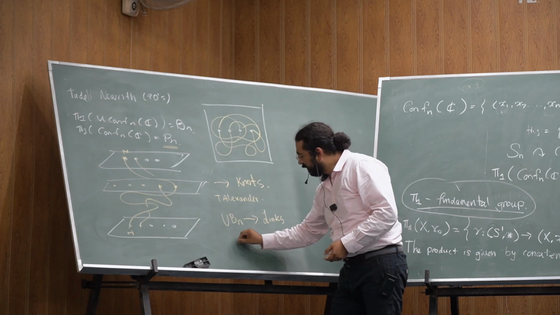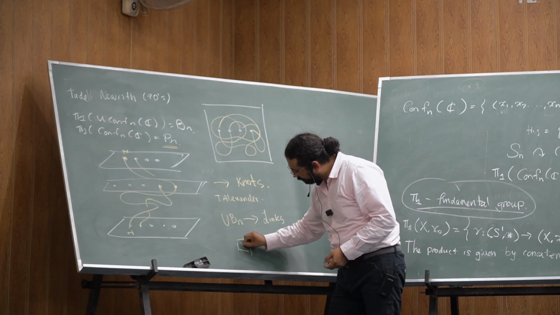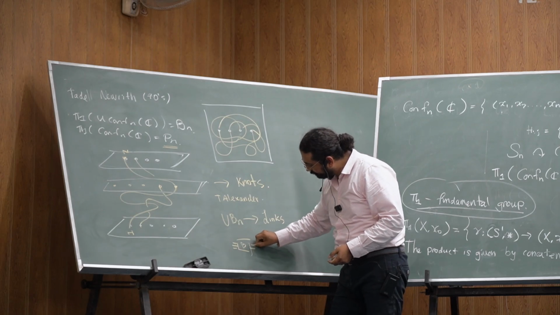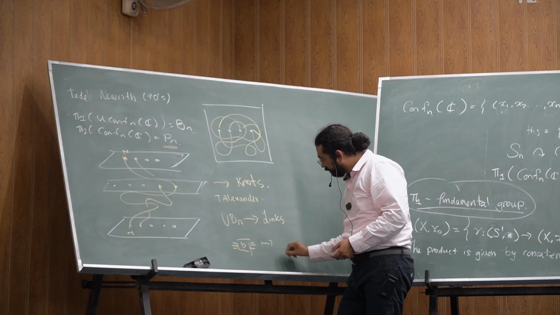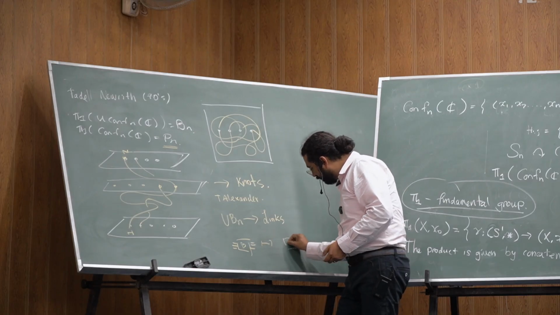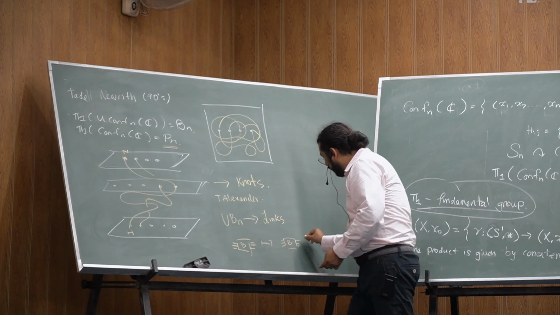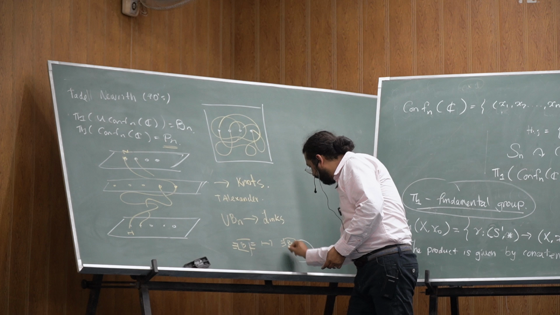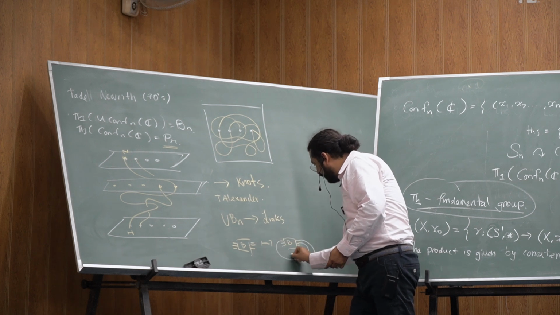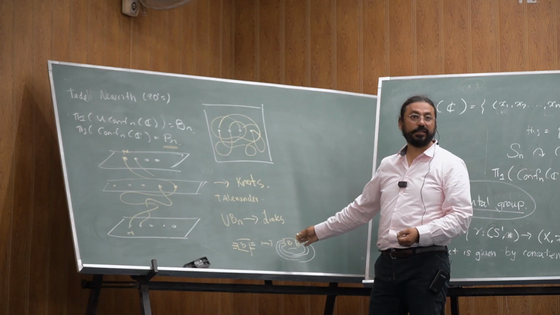Meaning that if you have a braid here, you can close it. You can join the first one with the first one, and this one like this, and then you get a link, right?